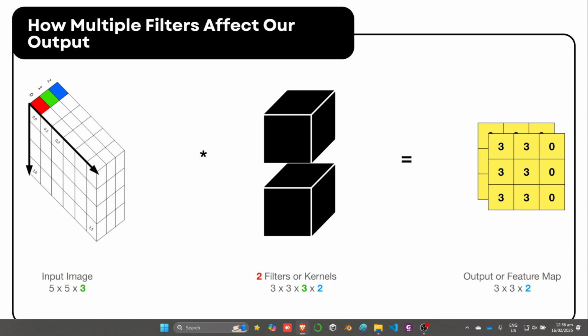So let's take a look at this. This is now with two filters, and let's say this is just for example purposes, a 5 by 5 by 3 image here. Remember, this is the color component of each image, so we had red, green, and blue, RGB.